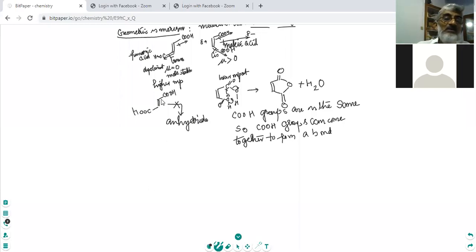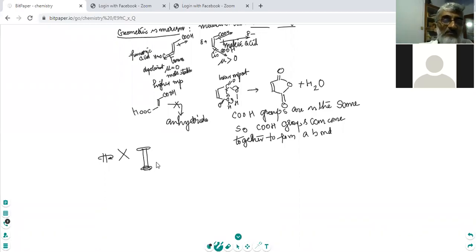Now, why do compounds show geometric isomerism? Because you have a double bond, and rotation around the double bond is not allowed. It is not possible; it will break if you rotate it. It's just like two ropes tied together on two sides.